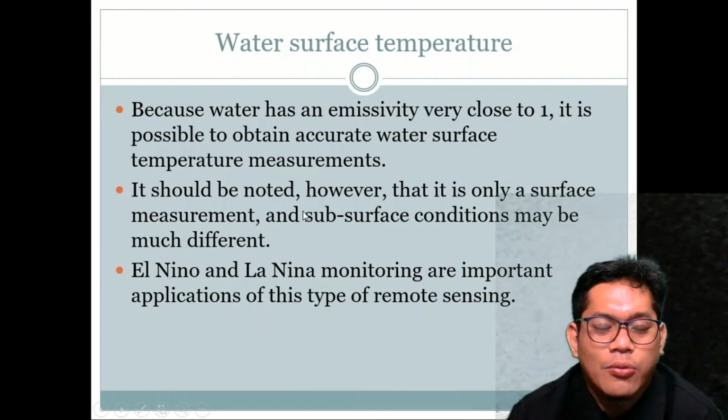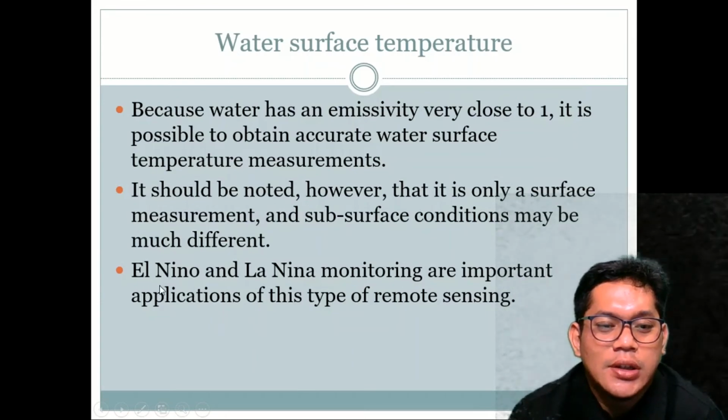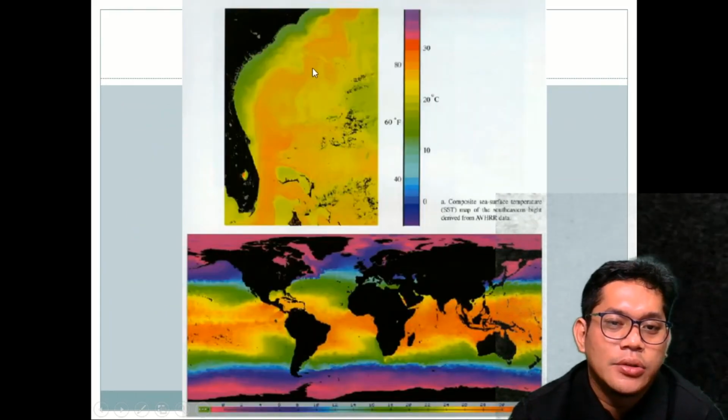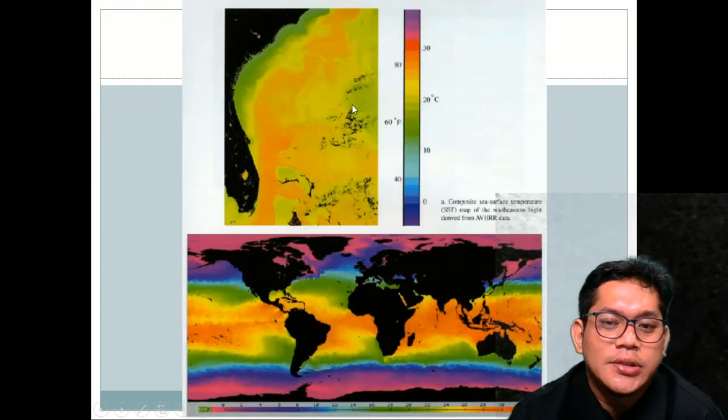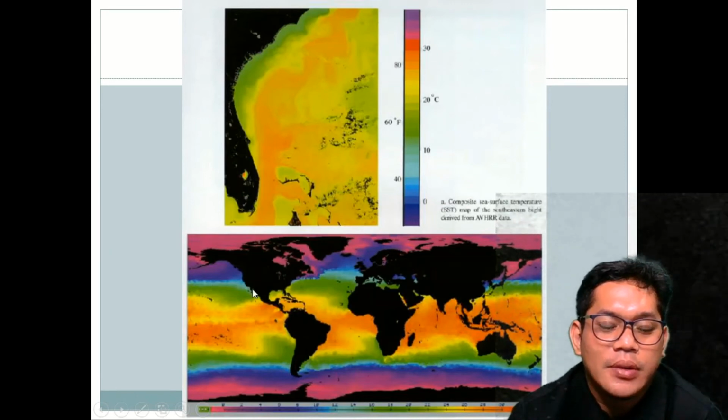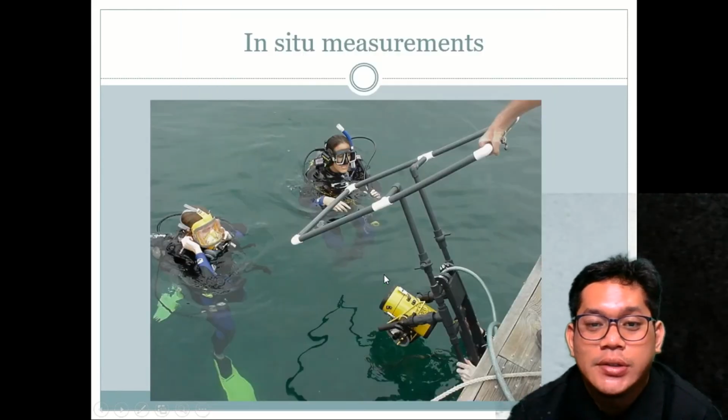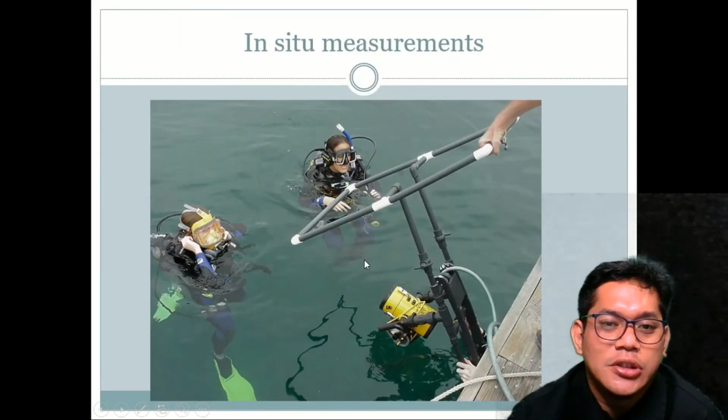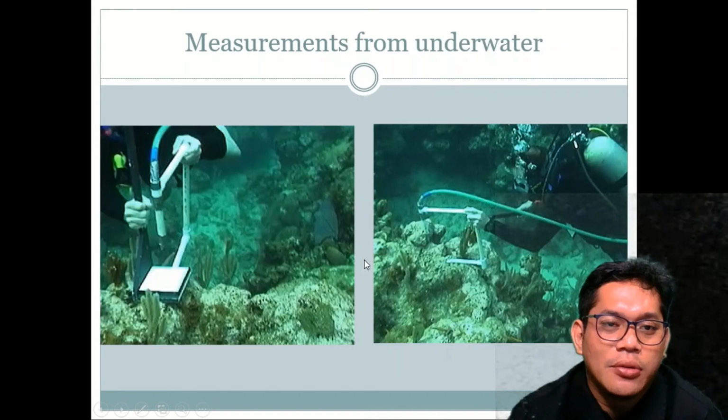We use this to monitor the El Nino and La Nina phenomena. These are what we call the sea surface temperature, SST, over the area. It shows you the difference of temperature for the oceans, and thus gives you the idea of how the water temperature has risen over the years. There are also some in situ measurements and more.